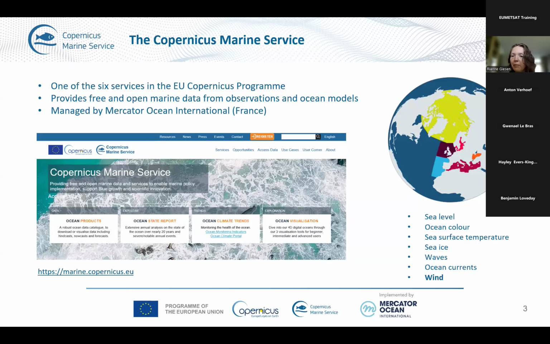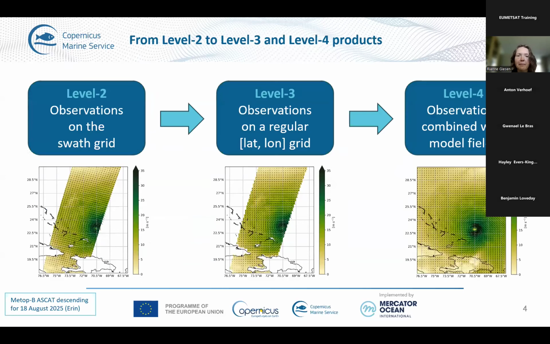A couple of them are mentioned here, and wind is just one of them, and the one we are focusing on today. Anton already gave you a lot of information about the level 2 products that are produced in the OSI SAF, which provide the observation on the original swath grid.